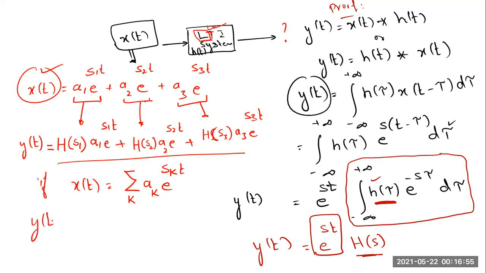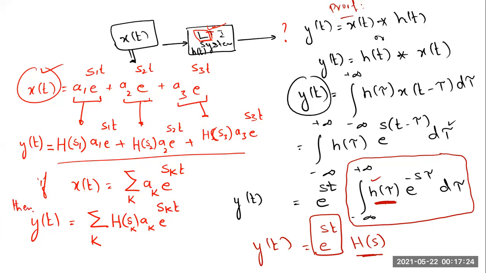We now know that because complex exponential signals are eigenfunctions, the output is also going to be the linear combination with respect to k. So we will get the same ak e to power skt, which is the eigenfunction, multiplied with the corresponding eigenvalues for different values of s.